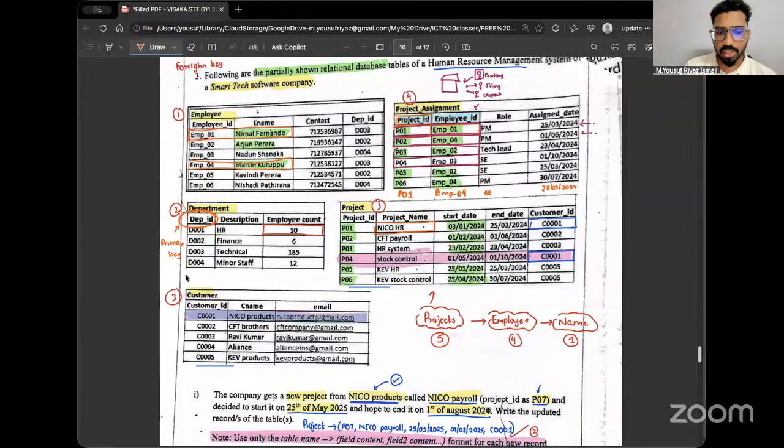What is unique for every customer? Name is not unique. There can be two customers with the same name. Yes, customer ID is going to be the primary key.